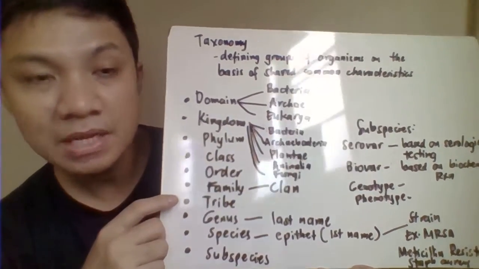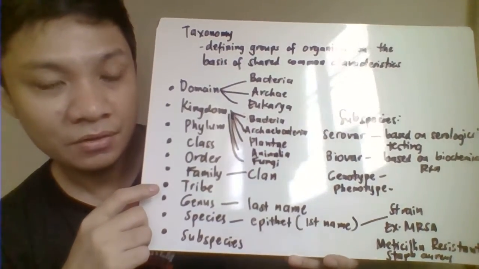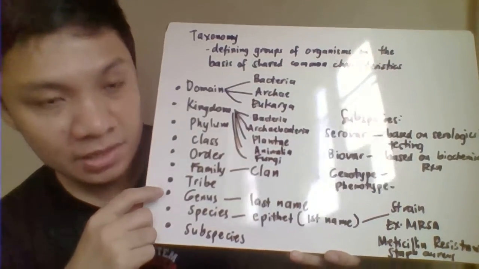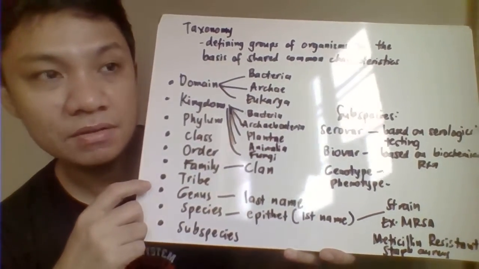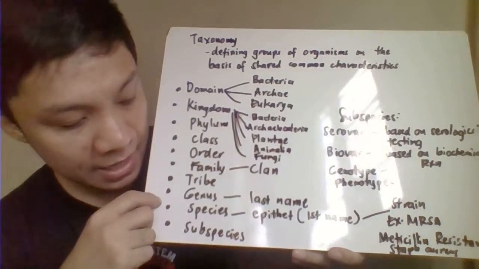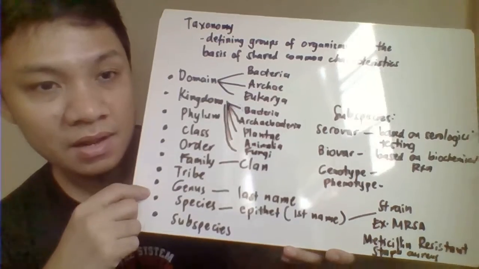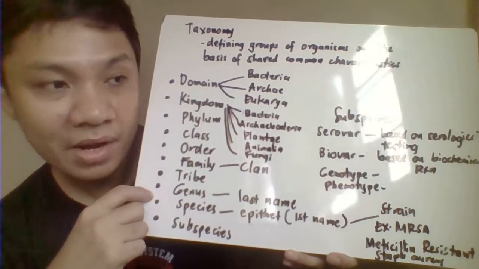The family actually pertains to the clan of your organism or the bacteria. And the genus, on the other hand, pertains to the last name of your bacteria. And the species represents the epithet or the first name, for example.